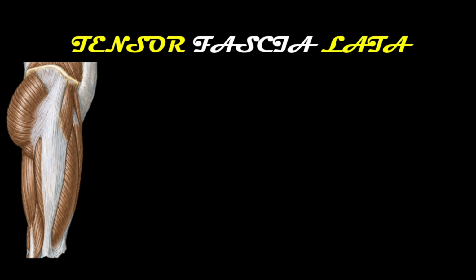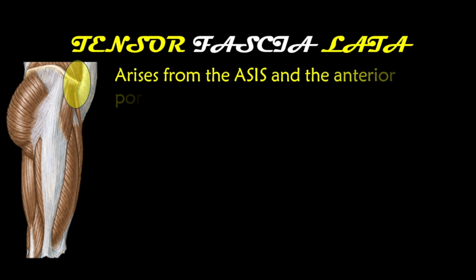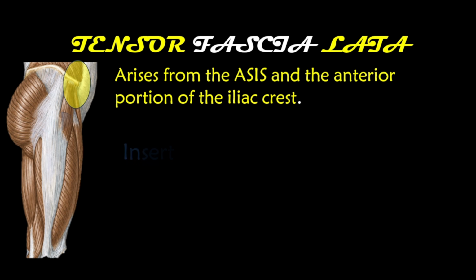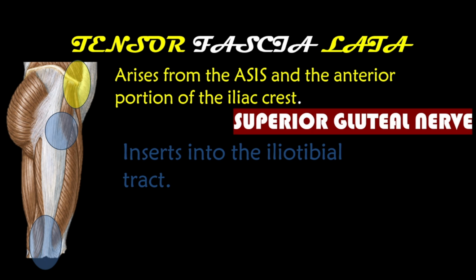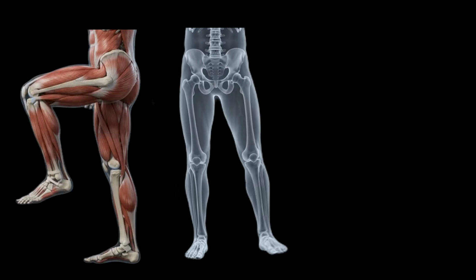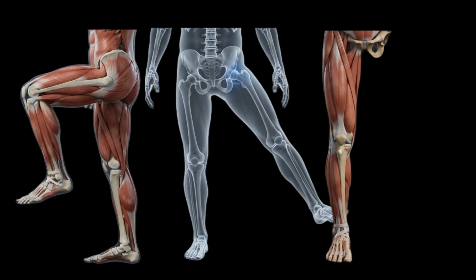The tensor fascia lata arises from the anterior superior iliac spine and the anterior portion of the iliac crest. As the name implies, it inserts into the iliotibial tract, which then inserts on the lateral condyle of the tibia. It is also innervated by the superior gluteal nerve. It flexes, abducts, and medially rotates the thigh at the hip.